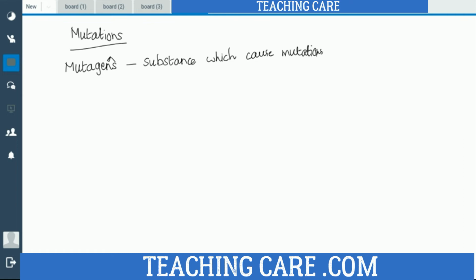These mutagens may be physical mutagens or chemical mutagens. Due to some chemicals, mutations may occur.